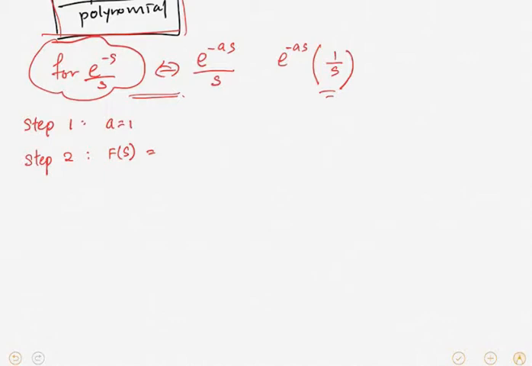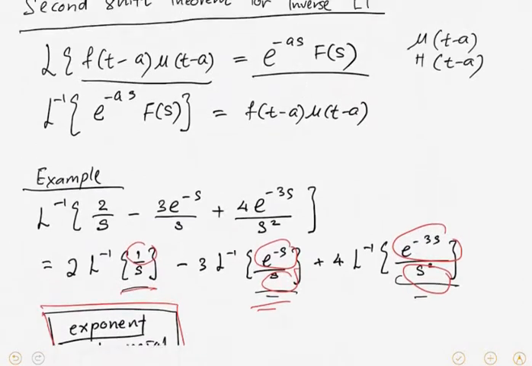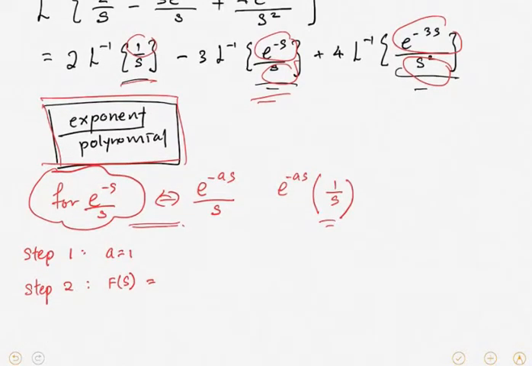Why do I say like this? Because if you look at the formula here, e to the power negative as F(s), if you compare with this one, e to the power negative as over s, then for sure you know this is the F(s).